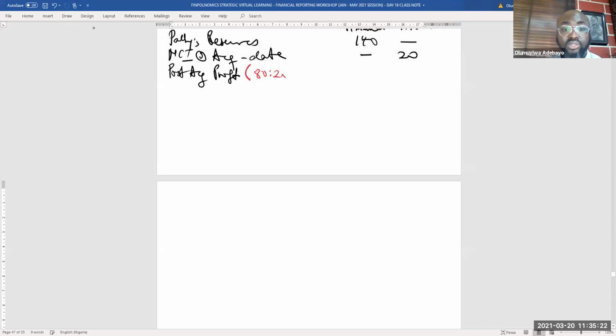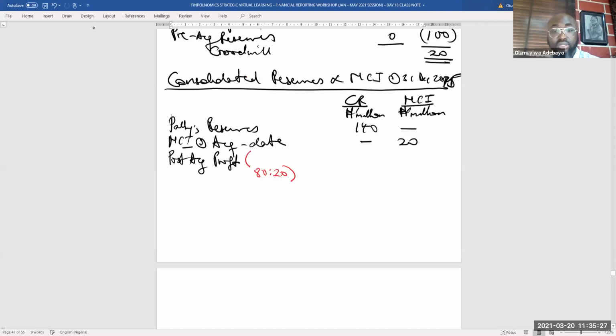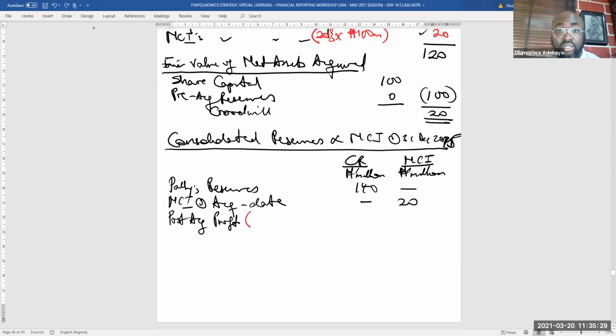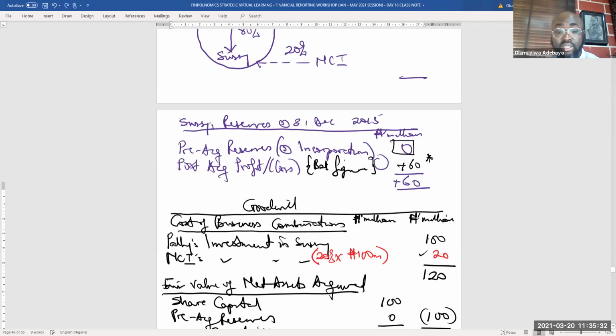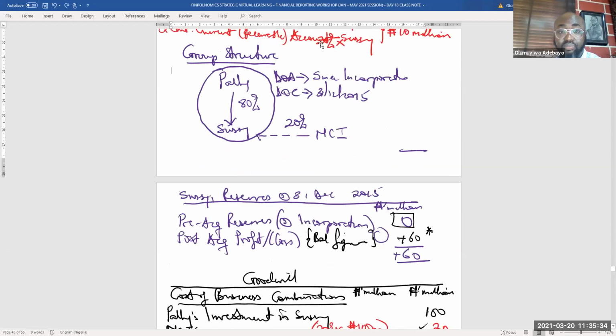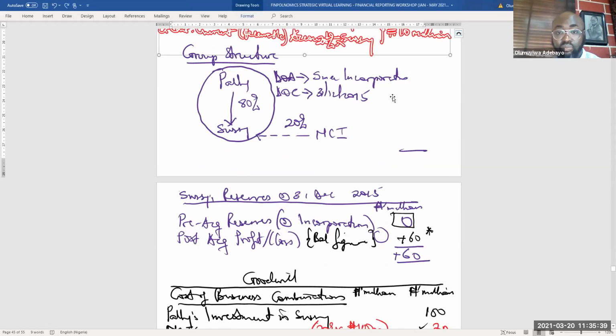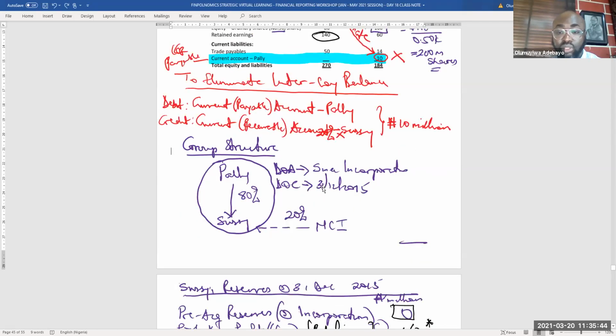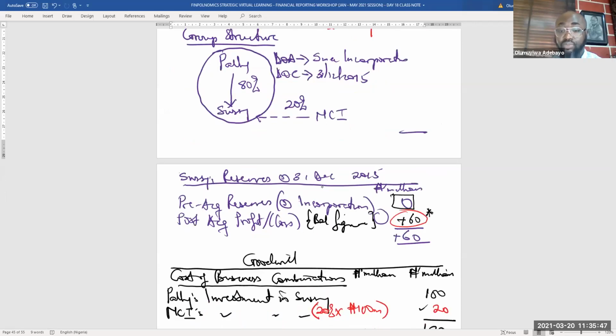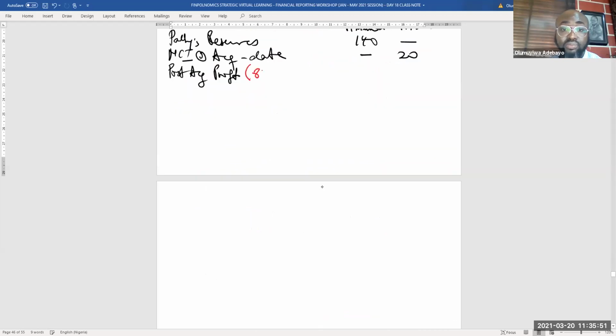Ratio 80 to 20, of 60, which is 48 and 12.